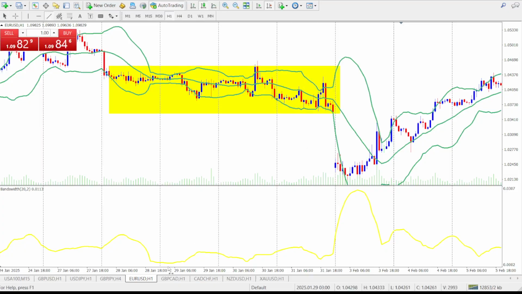And the Bollinger Bandwidth Indicator was flat, showing a phase of consolidation. So if you identify the highs and lows on this indicator, when a breakout happens, it could signal that a breakout is also about to happen with price.